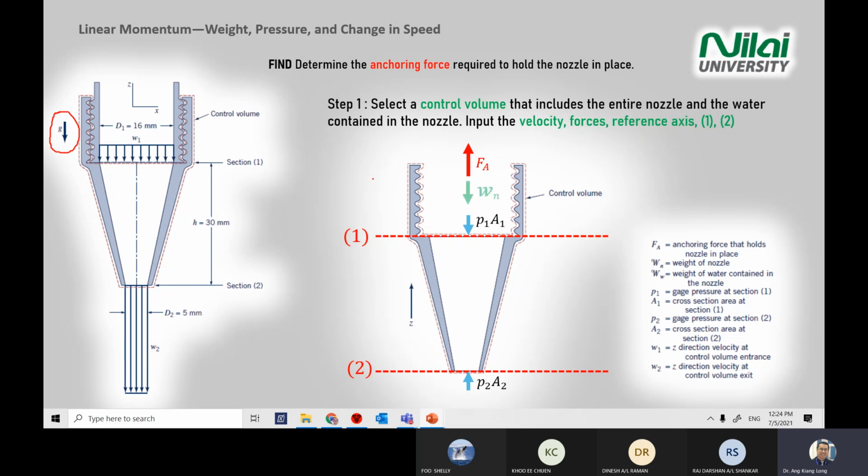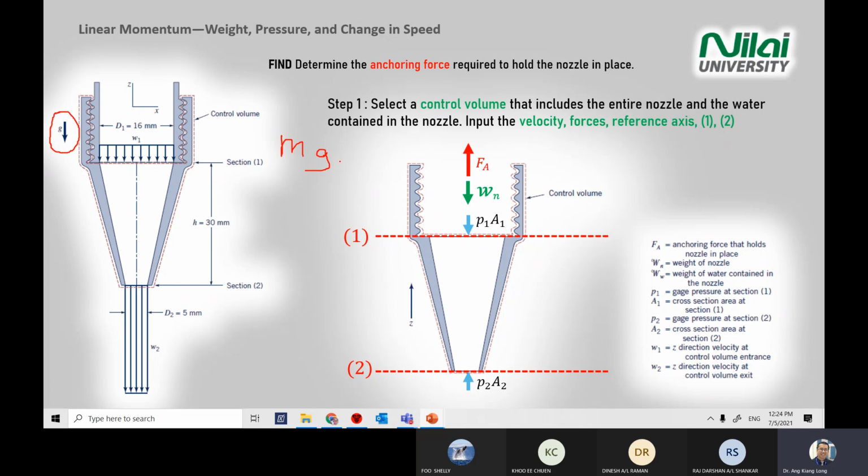So what is the gravitational force? For all the fluid, all the medium that has mass, gravity will act on it. So the mass of the water times gravity, you get Ww.